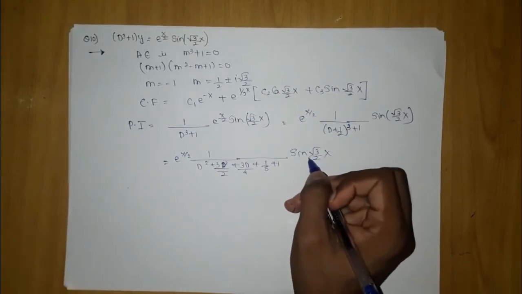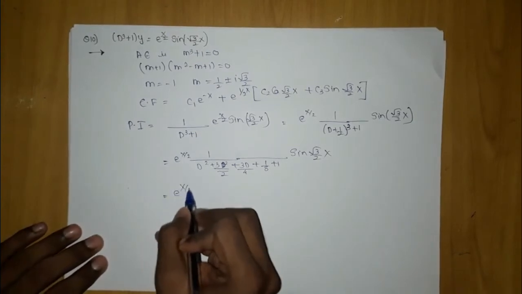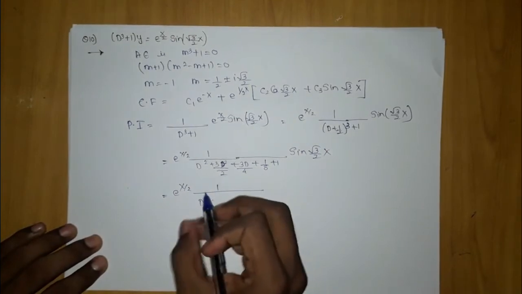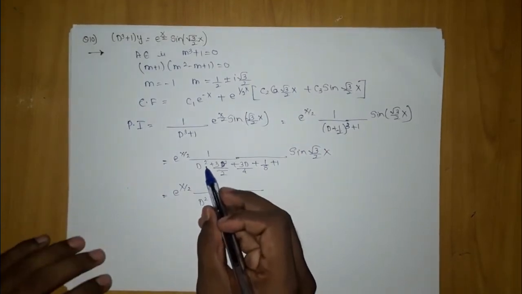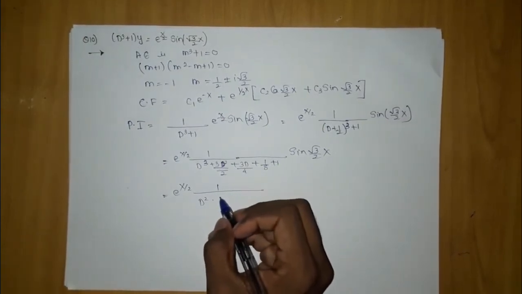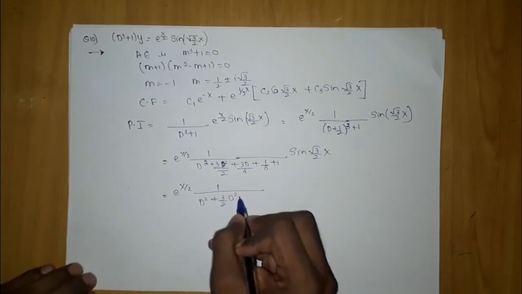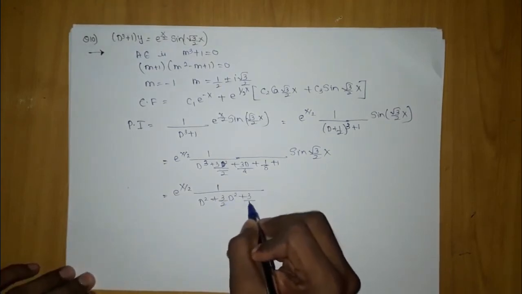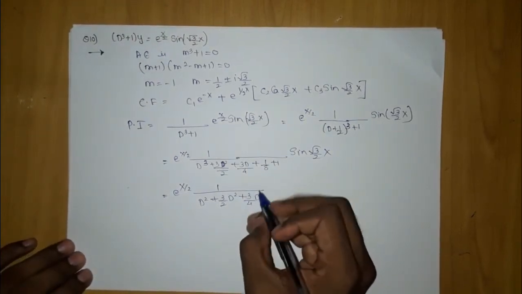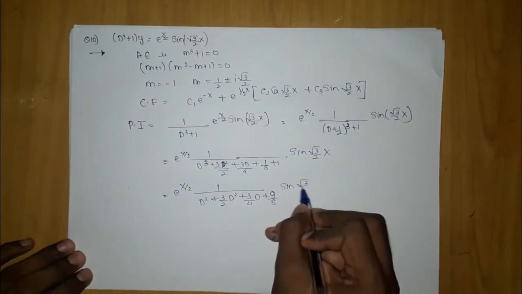If we further solve this, we add the terms which are similar. So here 3 by 2 D square will be as it is, 3 by 4 D will also be as it is. Now our job is to simplify this. This will become 9 by 8 into sin root 3 by 2 x.